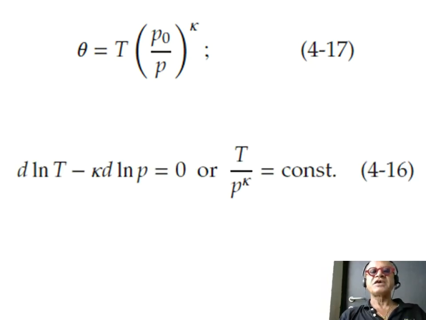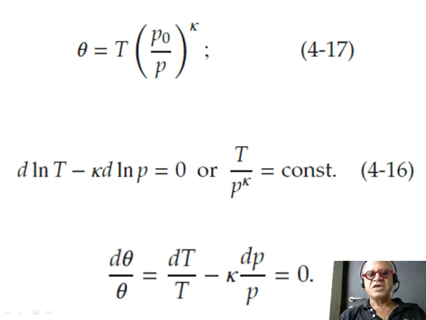Because T over P^kappa is constant, so theta is conserved in dry processes. Going back to our equation, d ln T minus kappa d ln P equals 0, T over P^kappa equals constant, we can write this as d theta over theta equals dT over T minus kappa dP over P, which means theta is conserved.